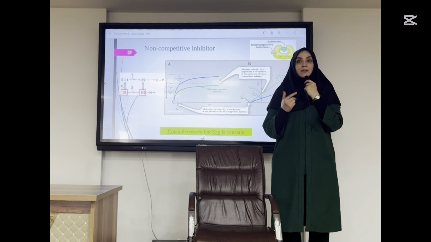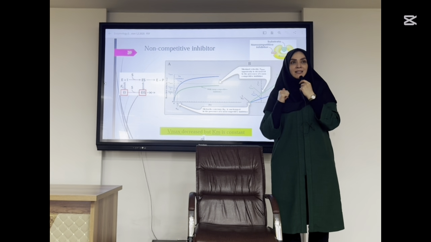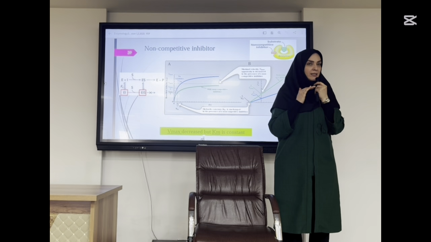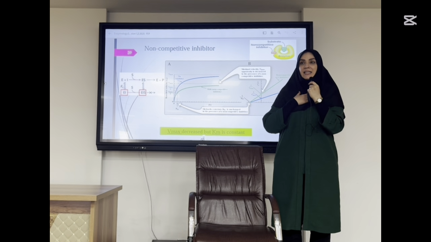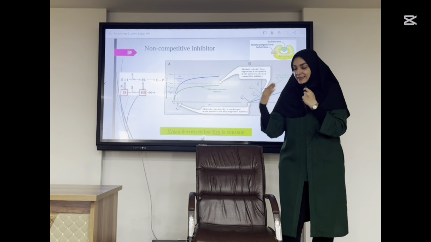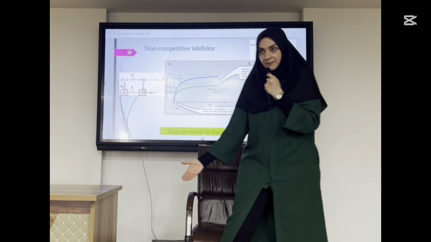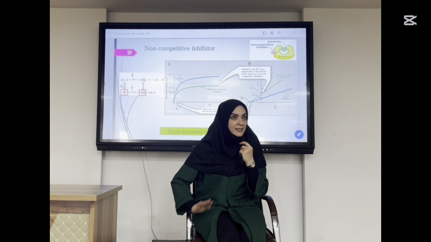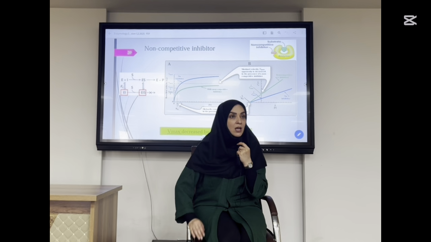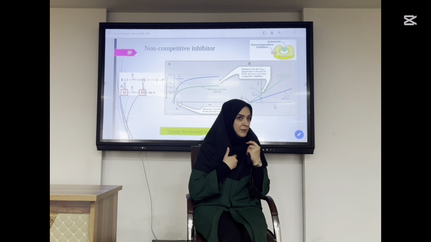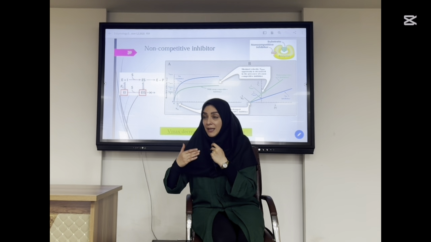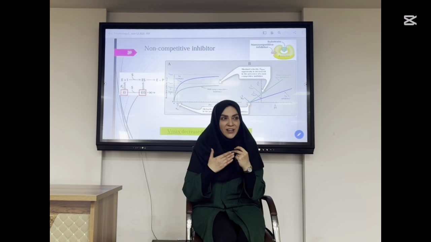I recall that in competitive inhibition, when the inhibitor sits in the active site, I, as an inhibitor, can change the Km and also the affinity of the enzyme.